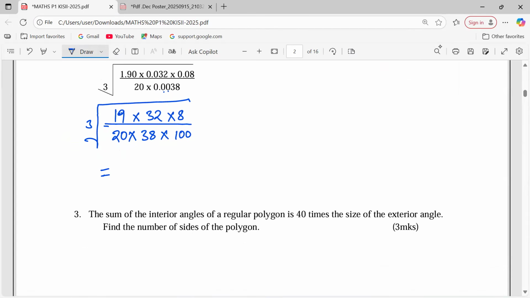So now we'll be talking about the simplified form of this, whereby 19 gives us 2 here. Then by 2, 1, and by 2, 16. By 4, we can have 5, and by 4, we can have 4.